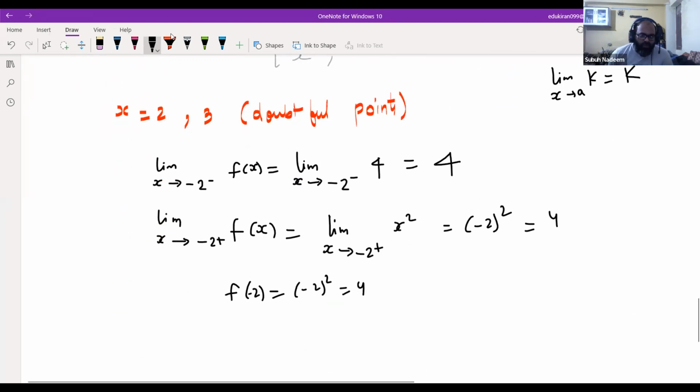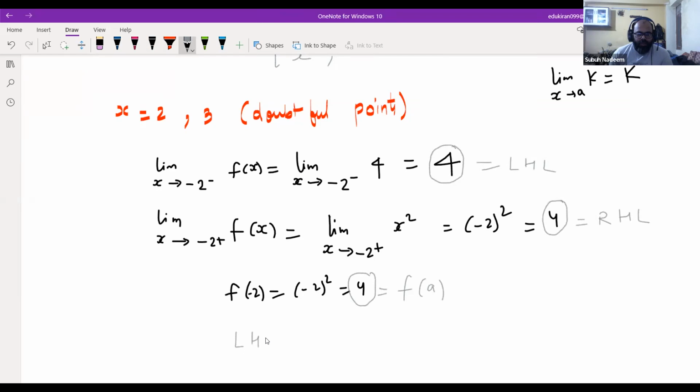What we observe here is that the left hand limit, the right hand limit, and the value of the function at -2 all give the same output, 4.